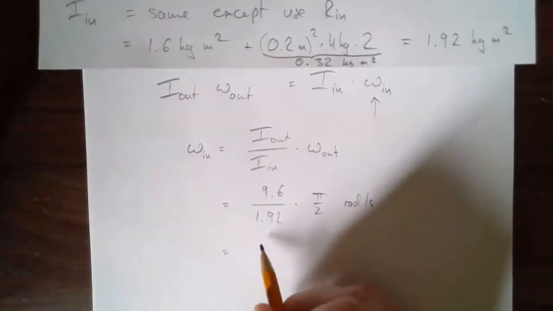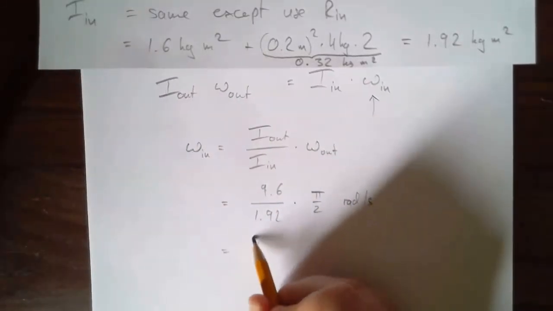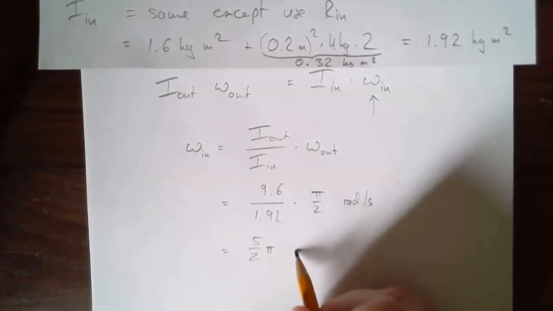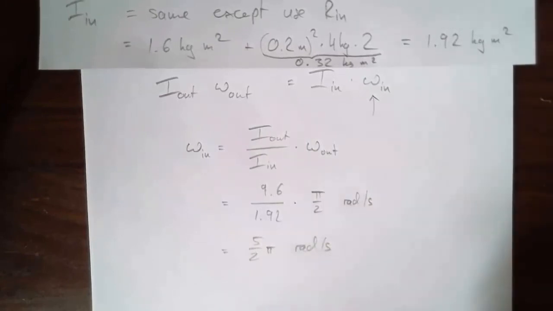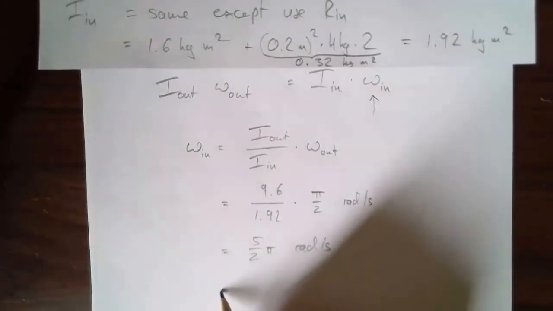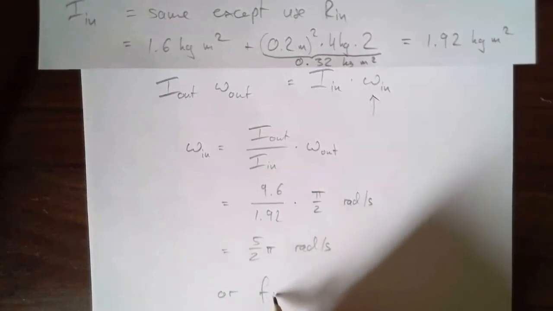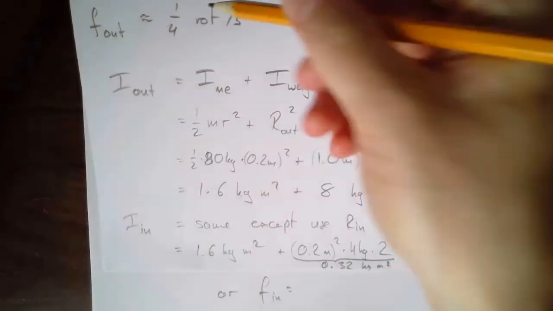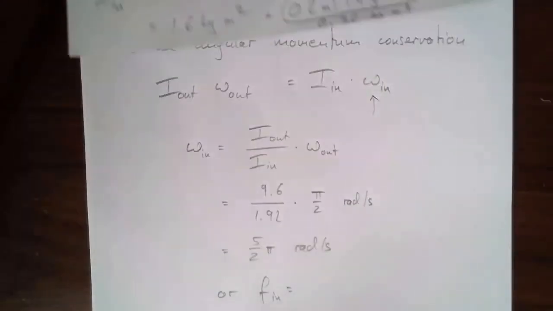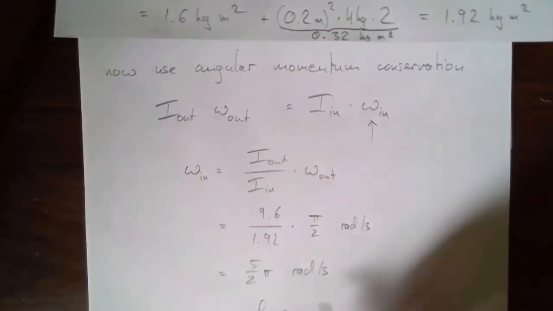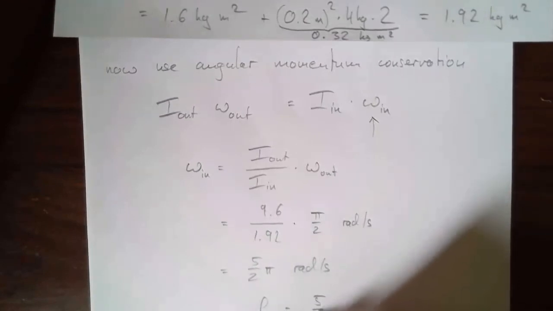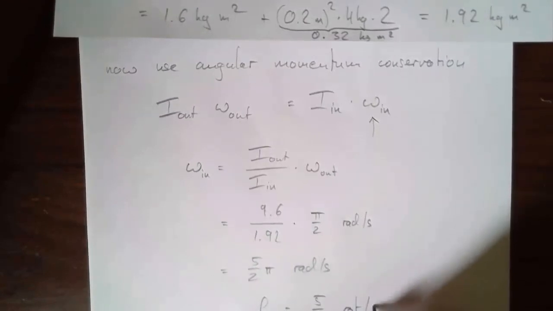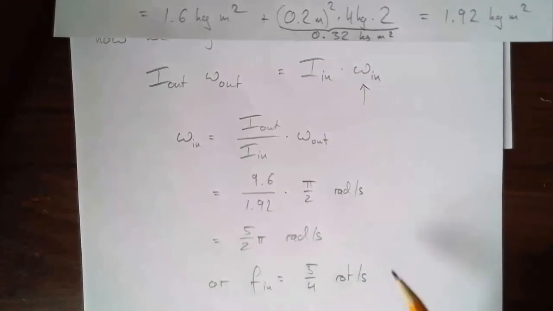So I'm going to get 5 over 2 pi radians per second, essentially 5 times as fast, or I could write f in is not 1/4, but 5 times as much. Again, I could just work with the ratios of f just as well. 5/4 rotations per second.